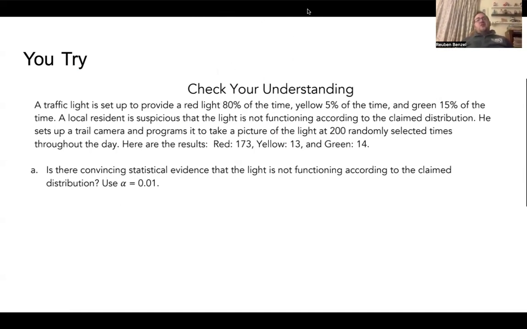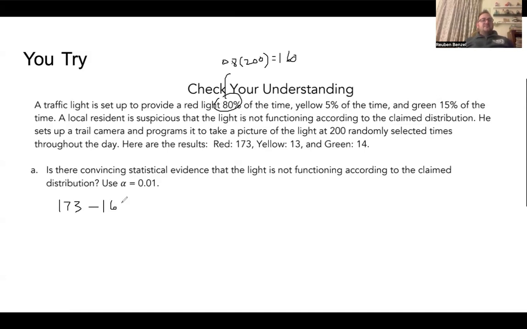So if you had a 200 sample size, 80% of 200, so 0.8 times 200, would be 160. So that's what we would expect. If you want to see it animated a little bit here, I'm going to do 173 minus 160, and I'm going to square that and put it over my expected.